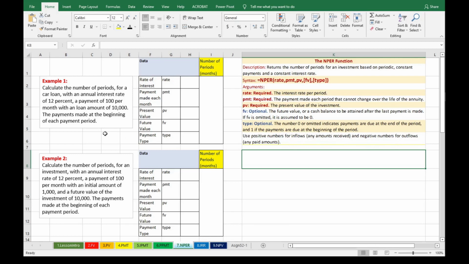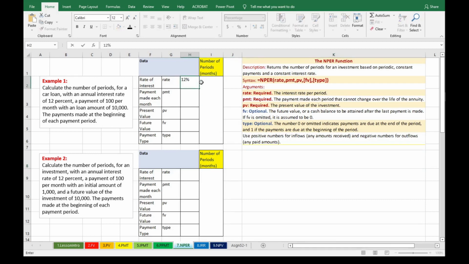Now let's take an example. The first example here, we need to calculate the number of periods for a car loan with an annual interest rate of 12%, a payment of 100 per month, and the loan amount of 10,000. Payments are made at the beginning of each period. So interest rate here it is 12%.